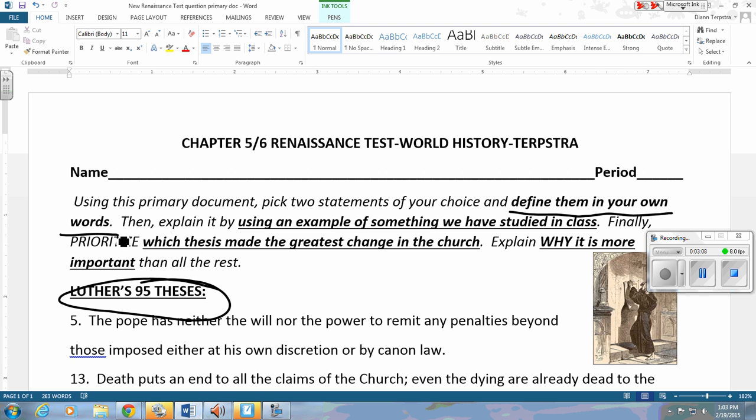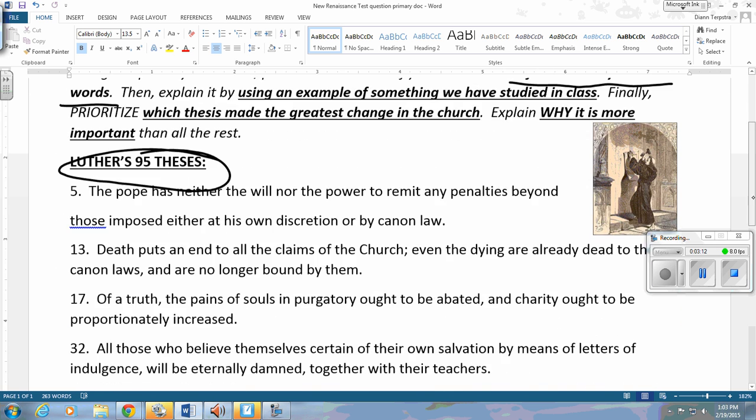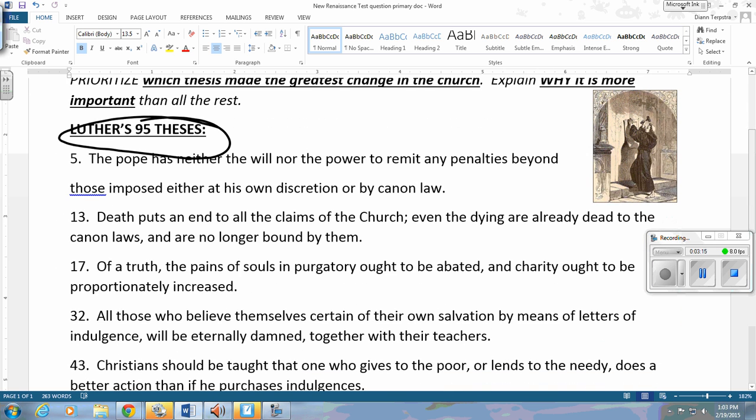So let's look at an example here. All right, first of all, number 5. The Pope has neither the will nor the power to remit any penalties beyond those imposed either at his own discretion or by canon law. Well, the reason I'm telling you this now is obviously to study, but there are actually sites that interpret these in modern terms.